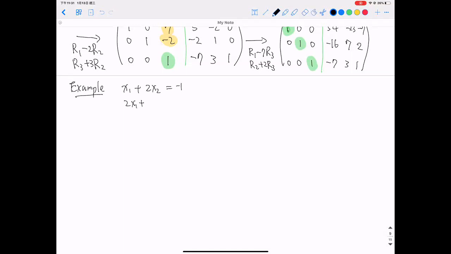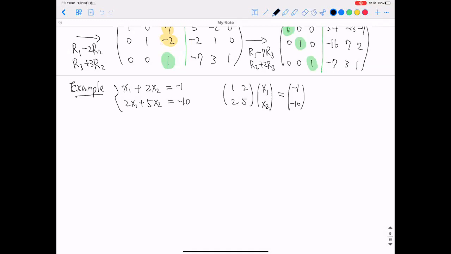We are considering a system of linear equations like these. As we've been saying, if the coefficient matrix, in this case 1, 2, 2, 5, is non-singular, then we can use it to find the solution to a linear system. Right? Let's actually do that in this example.